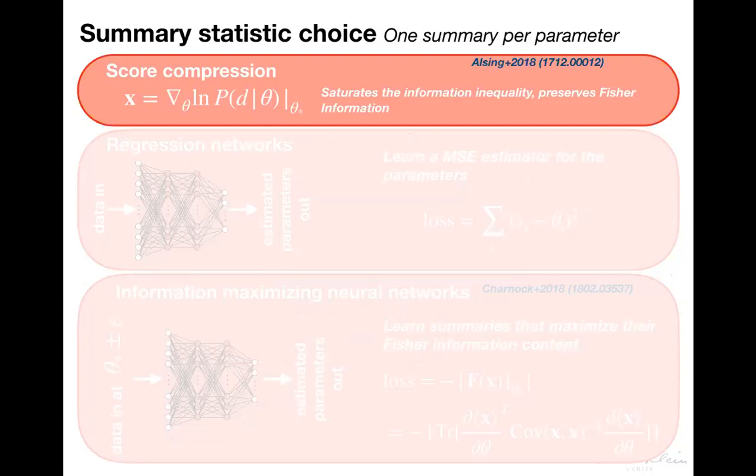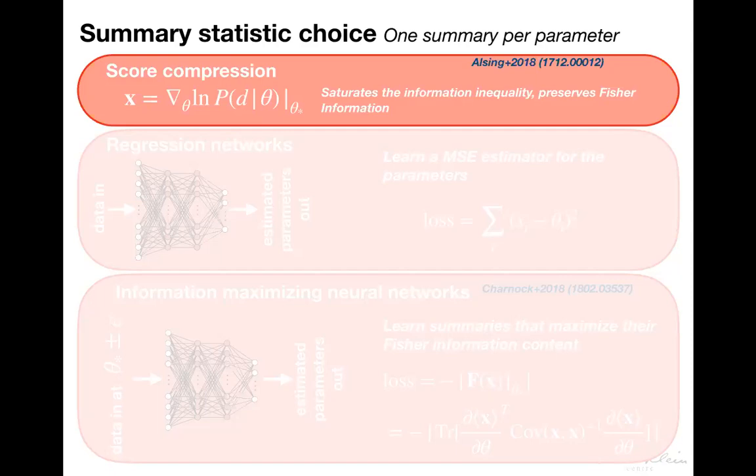For lots of problems in cosmology, we actually have an approximate likelihood. This is related to a comment that someone made this morning, where if you have an approximate likelihood model, under those assumptions, you know what the optimal summaries are. They're basically the maximum likelihood estimator under that likelihood, or equivalently, it's the score of that likelihood that is the quantity that saturates the Fisher information content of your summaries.